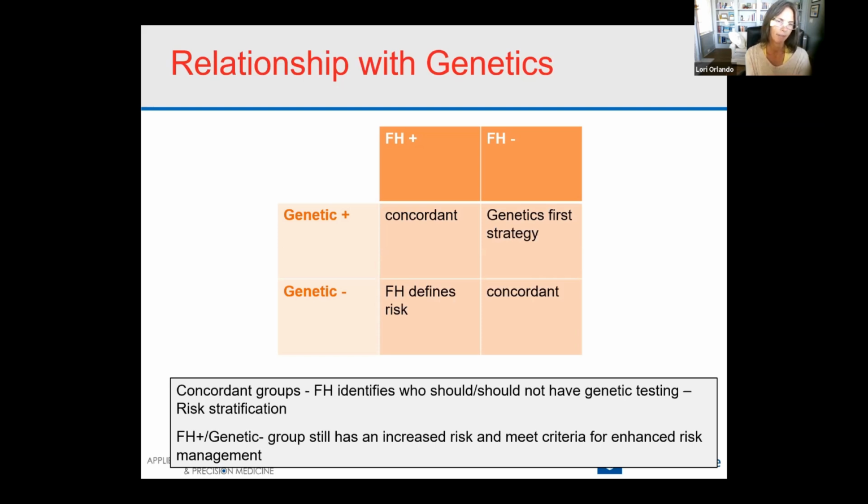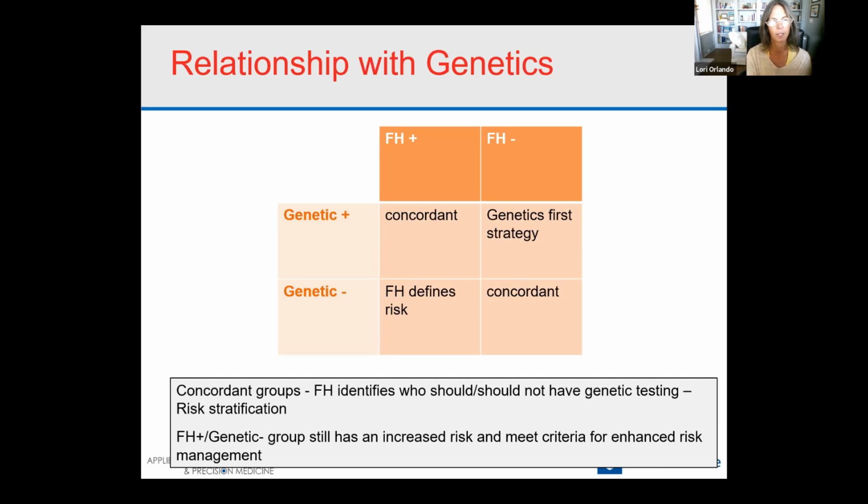And when you have a family history for a certain condition and you get a genetic test for that condition and both say you're at increased risk, that's where they're concordant. And same thing, if the family history doesn't suggest an increased risk and the genetic testing doesn't show increased risk, then they're also concordant.